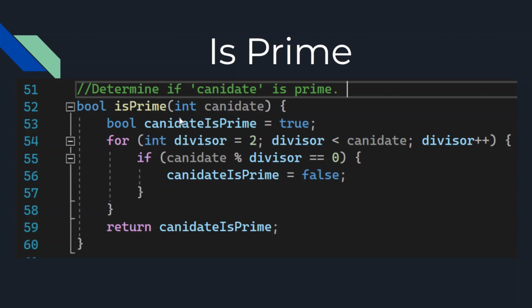So our divisor starts off as 2, while the divisor is less than the candidate, we increment the divisor. If the remainder, when the candidate is divided by the divisor, is equal to 0, then we know that this candidate is not a prime. Otherwise, we return that the candidate is prime.